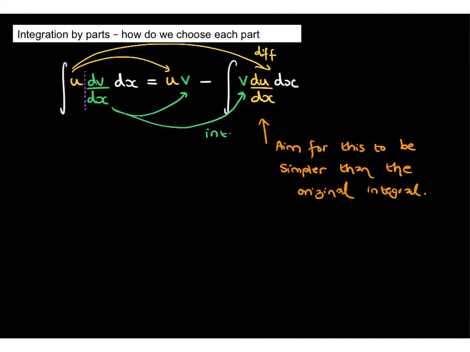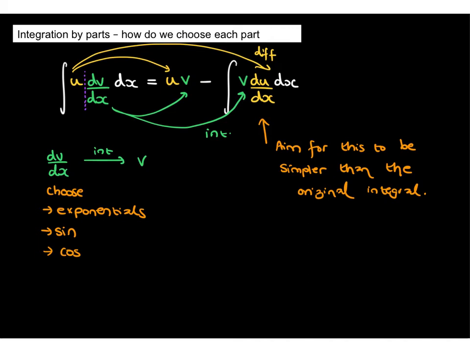So usually, for the part dv by dx, which gets integrated to create v, we usually choose exponentials, sine functions, cosine functions, etc. So quite often, dv by dx will equal e to the x, or dv by dx will equal sine x, or dv by dx will equal cos x in your product.